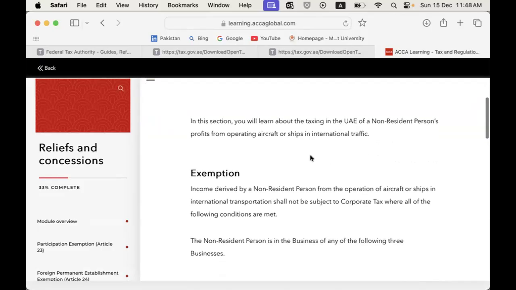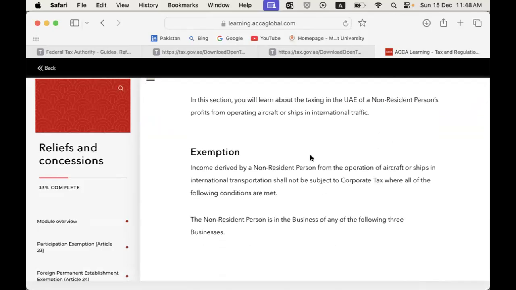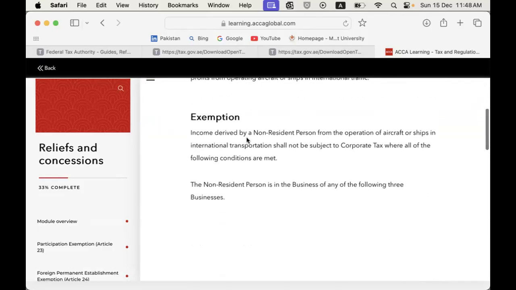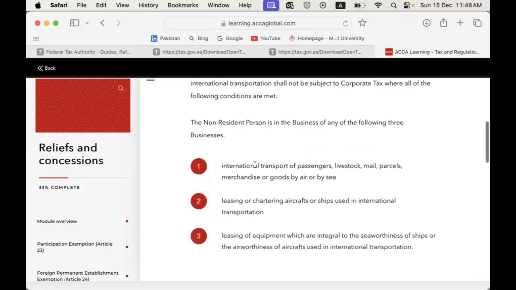The same thing was adopted by UAE as well. So the exemption is that income derived by a non-resident person from the operation of aircraft or ships in international transportation shall not be subject to UAE corporate tax where all of the following conditions are met.